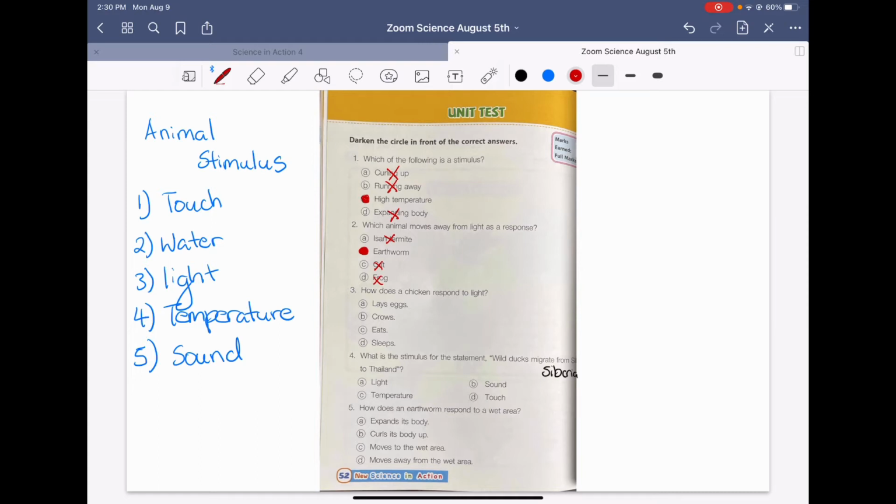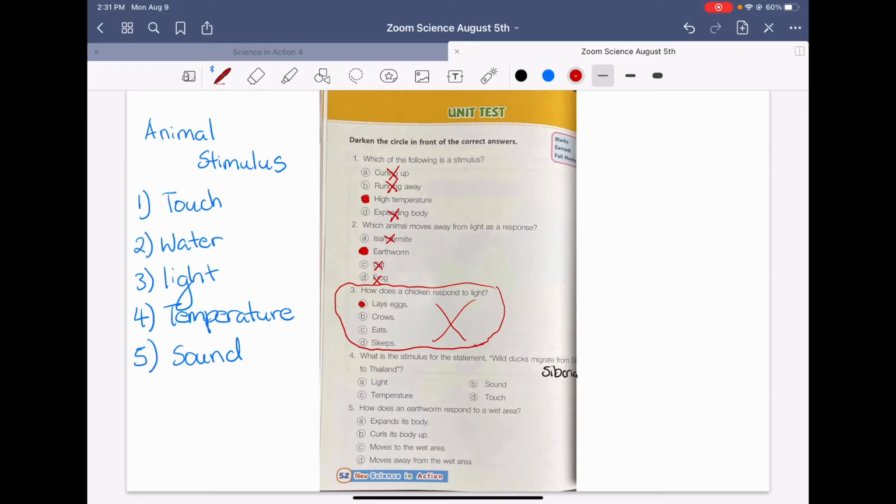So this one is going to be hard to answer, right? We never really talked about it in the book. This one we're going to skip because the book doesn't talk about it. But it helps it lay eggs.